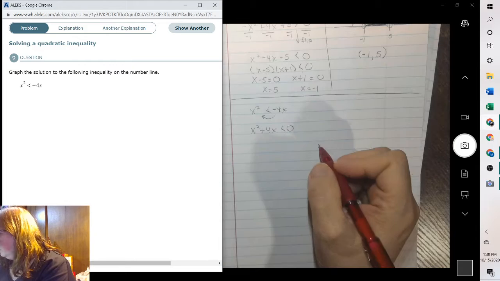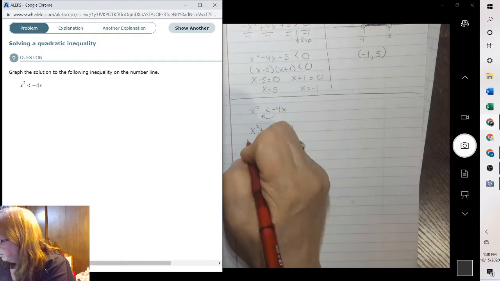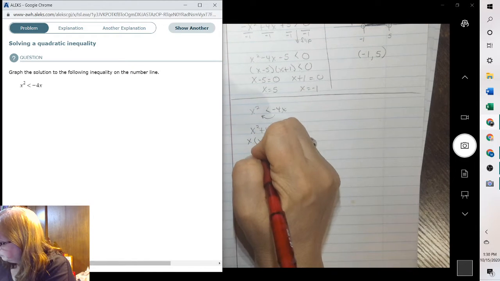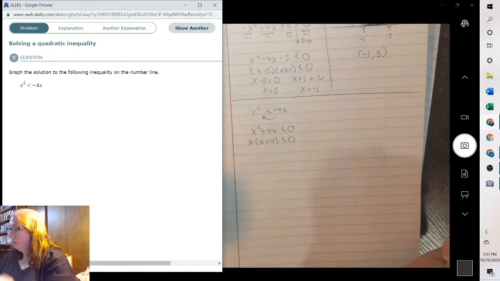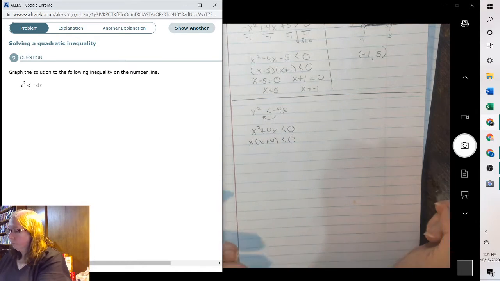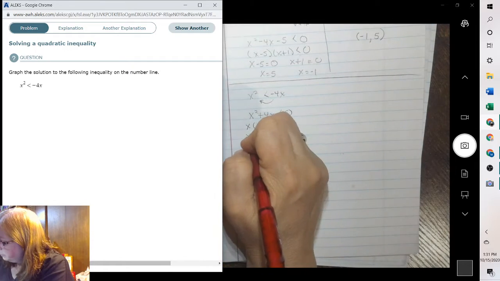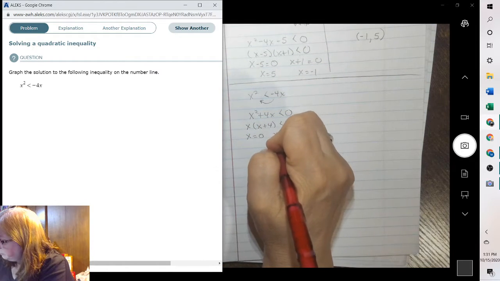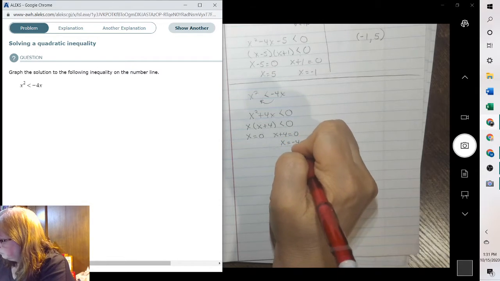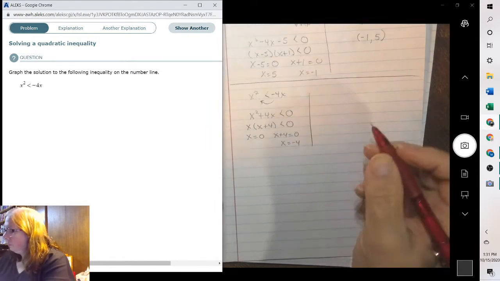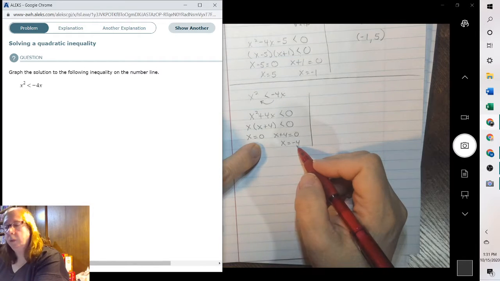Notice I don't have 3 terms, but I can factor an x out. And then I have x times x plus 4. I can set those equal to 0. So I have 0 and -4.